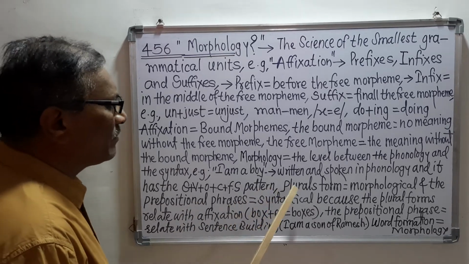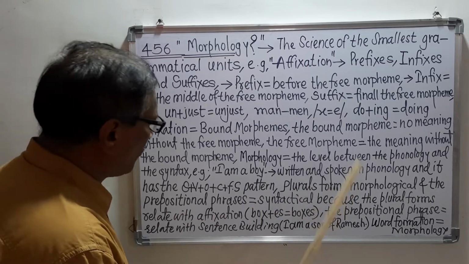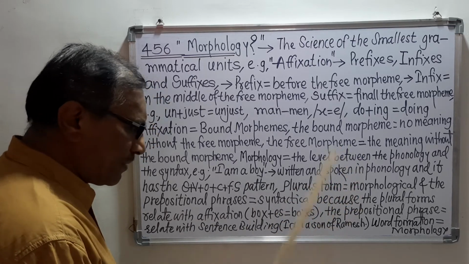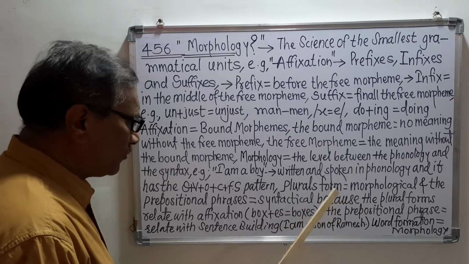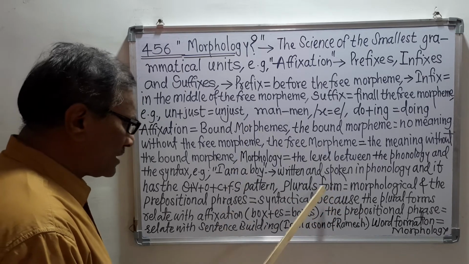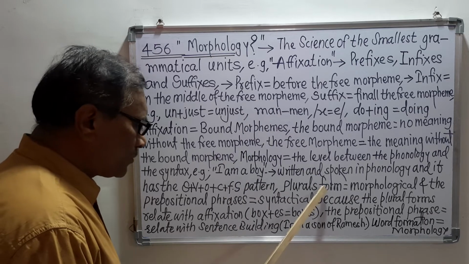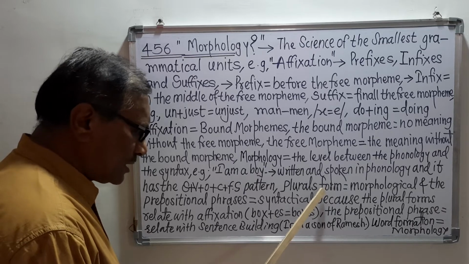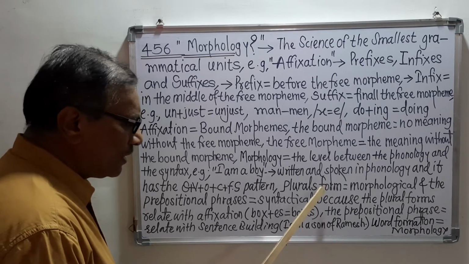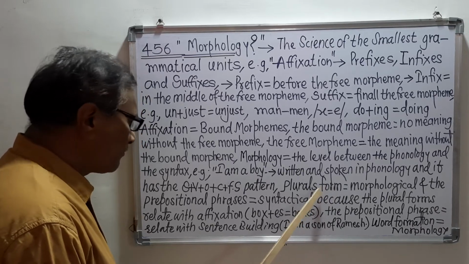My point is that plural forms are morphological, means we can make the plural forms with the help of affixation. So for example, I will say here box plus es is equal to boxes, bag plus s is equal to bags, and boy plus s is equal to boys.